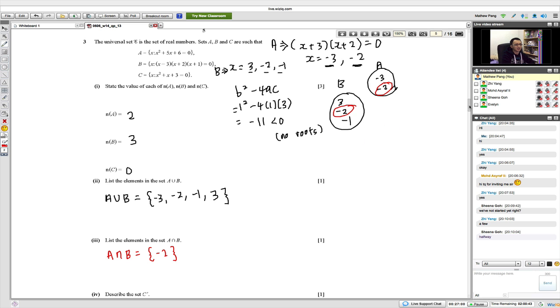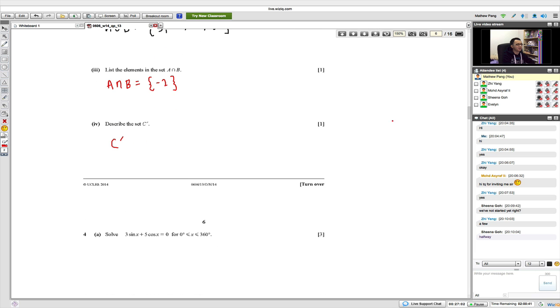So what I will say is C complement can be all the real numbers. Maybe you can say it's all the real numbers, meaning it's all the numbers.